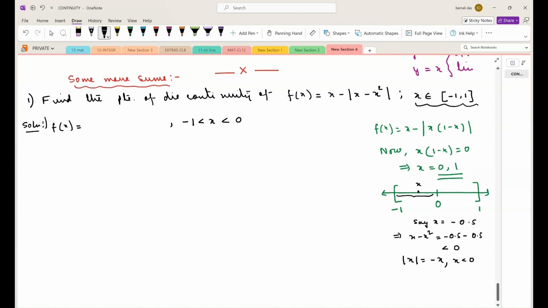So in that case, what happens? The function, that is the portion of the function outside the mod, remains as it is. But when we remove the mod, the expression inside the mod is coming to be negative when x is in the minus 1 to 0 interval. So here it will be minus of x minus x square.